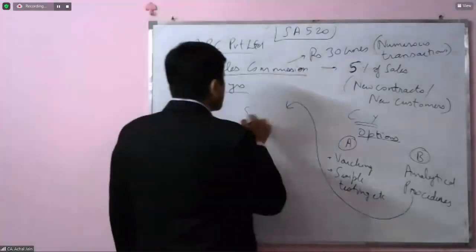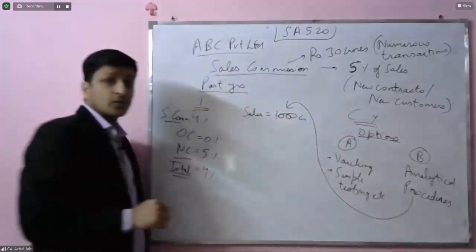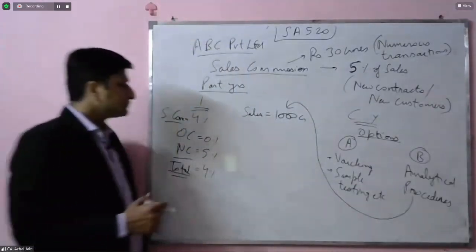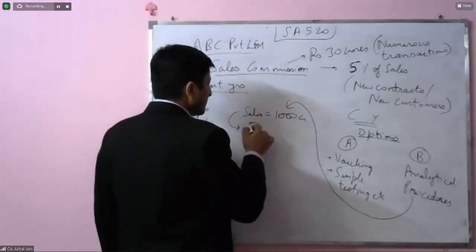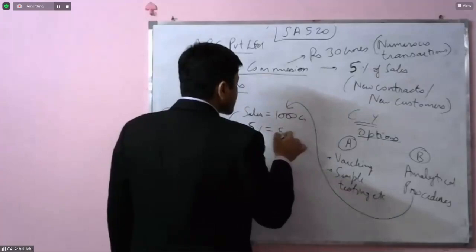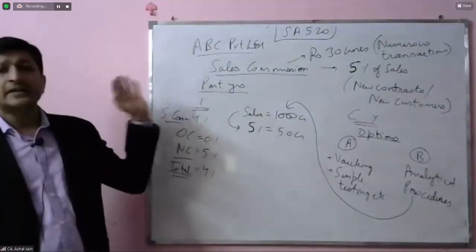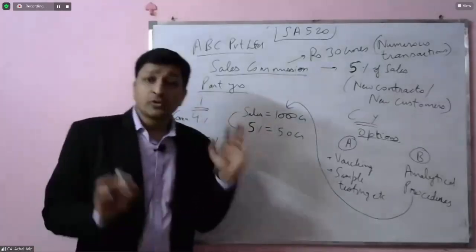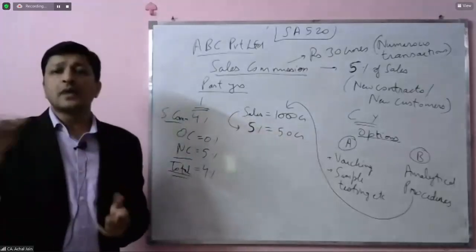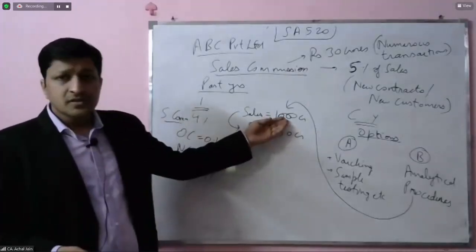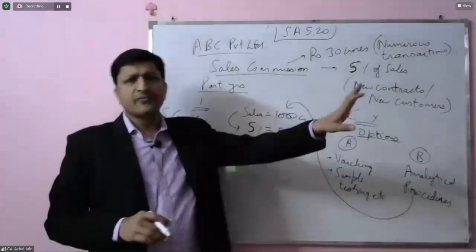Let's suppose sales of the company for the current year was 1000 crore. Now, he may apply this 5% over here and draw his expectation that sales commission on this entire population should be 50 crore. Means he will set up a maximum amount because it cannot cross this if the sales are tested appropriately by the auditor, on which he will perform some procedures.